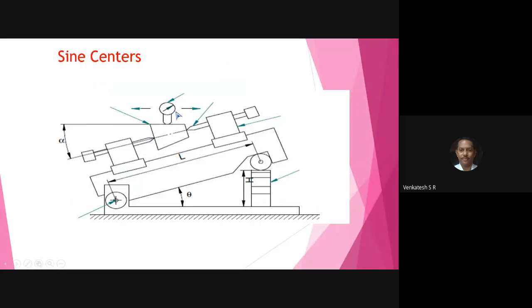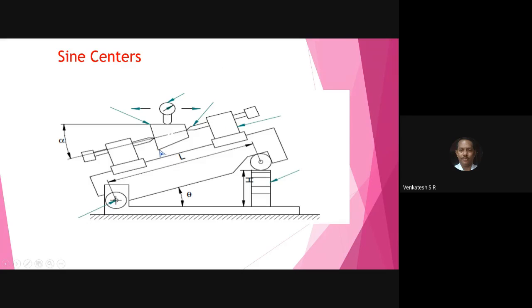Before that, the definition of a taper component. Say one is the large diameter, the other one is the smaller diameter. That is L, D minus d. This is uppercase letter D and this is lowercase letter d. And the definition of the taper is D minus d divided by 2L.